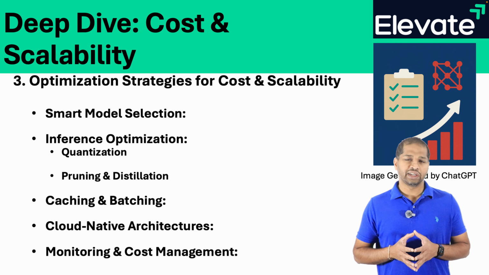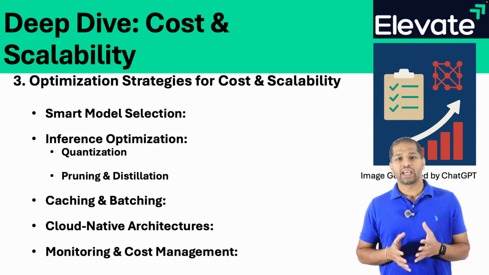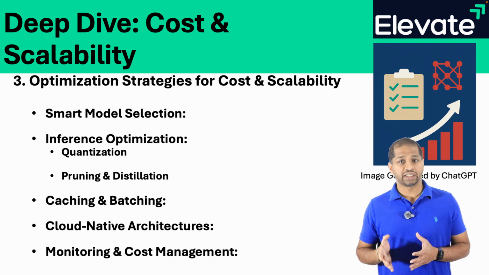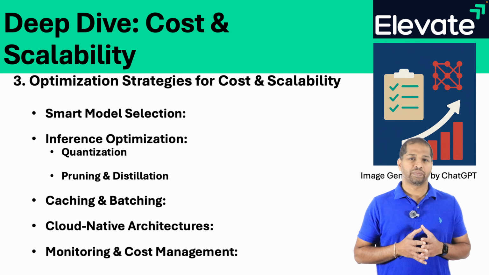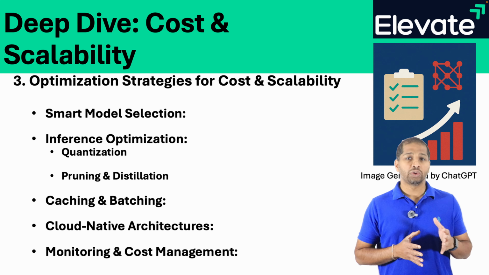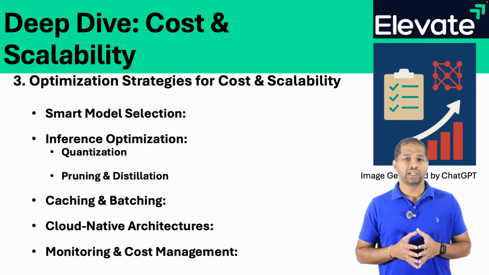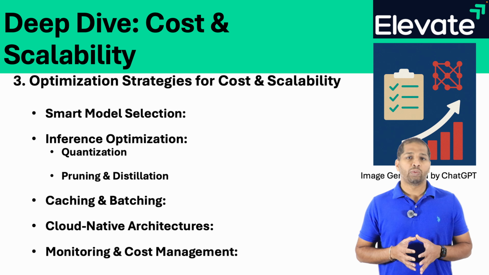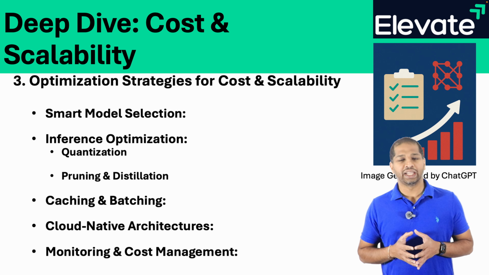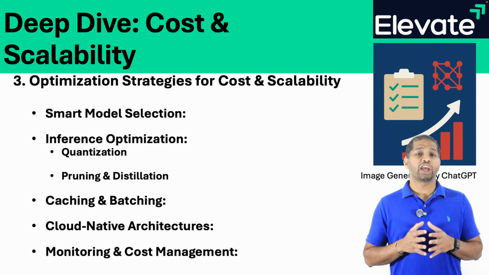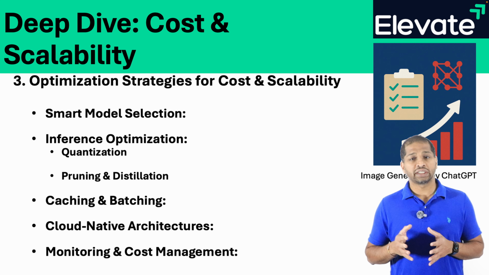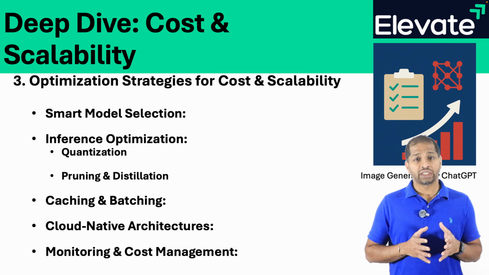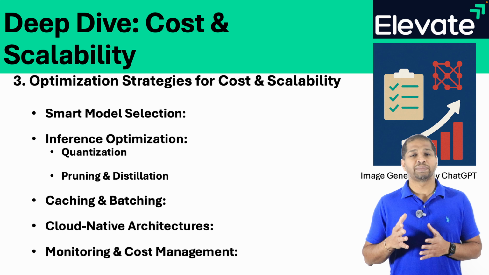The big model generates soft labels, examples, and reasoning traces, and the student learns to reproduce the same outputs. This compresses knowledge into a compact model that's cheaper to run while keeping most of the capability. And leveraging efficient inference frameworks like NVIDIA's TensorRT or ONNX runtime can provide substantial speedups.